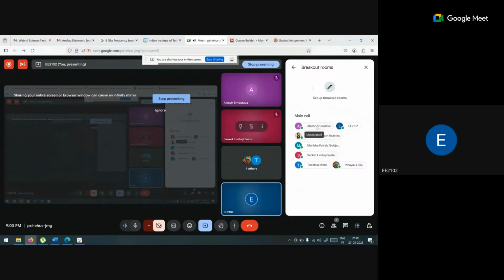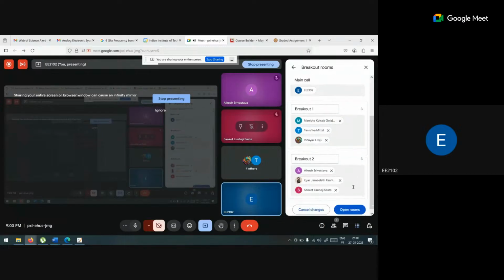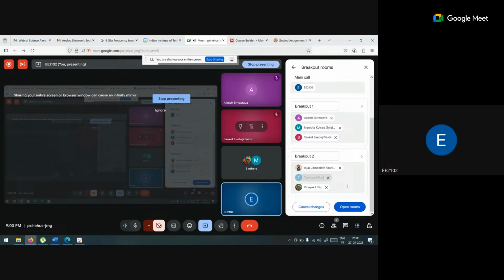In group two: Jaz, Tanishka, and Vinayak.